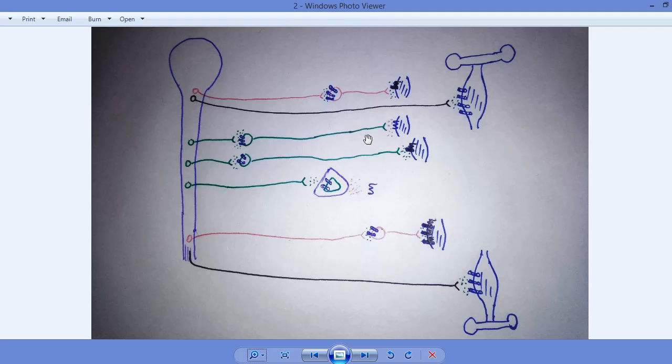All the other postganglionic neurons will secrete norepinephrine, and that norepinephrine will activate a receptor, and that receptor over here will be the adrenergic receptor.